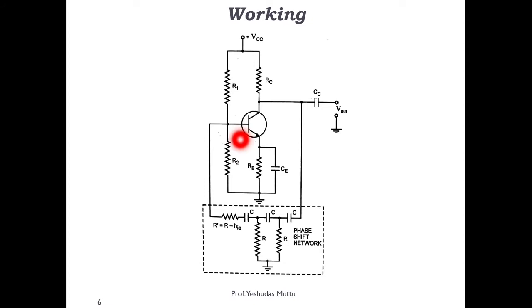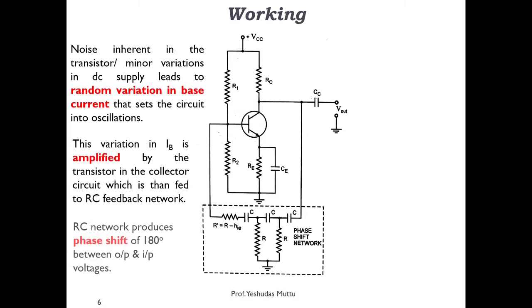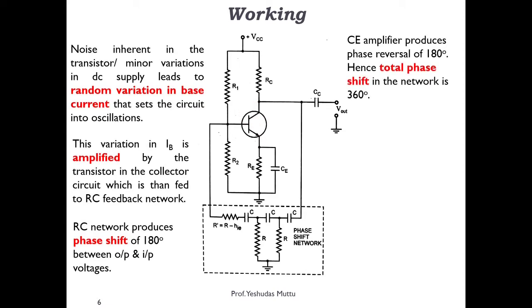If I get random variation in base current, this transistor will amplify them, and it appears across the collector circuit, which is then given to the phase shift network. The phase shift network is going to provide 180-degree phase shift, and another phase shift is provided by this CE amplifier. So the total phase shift in the network is about 360 degrees.